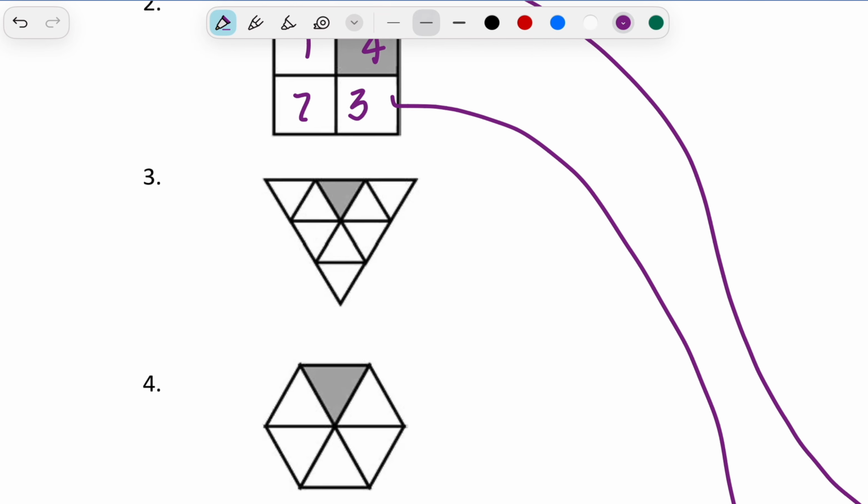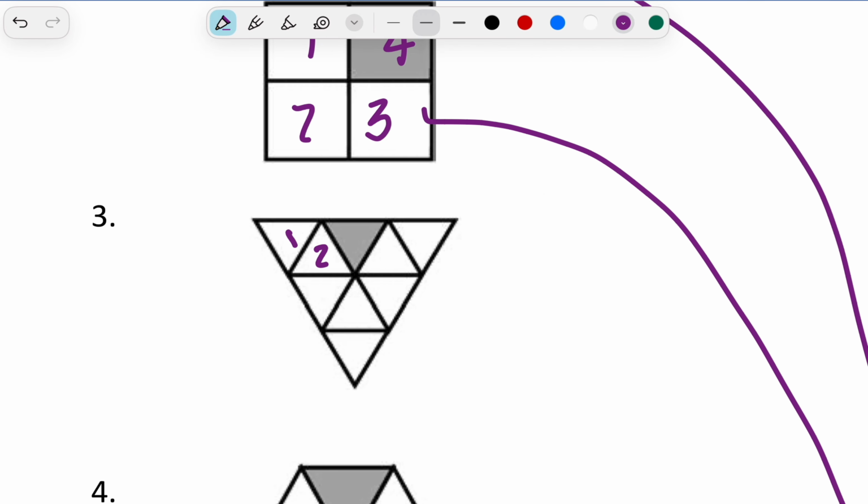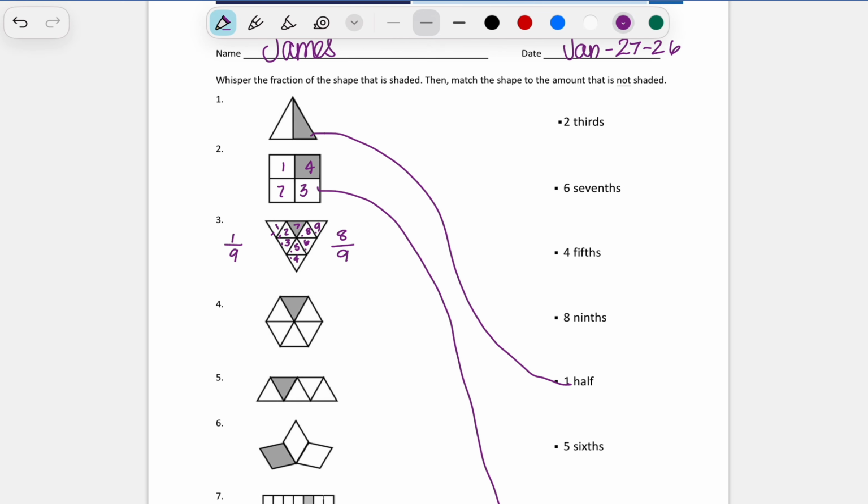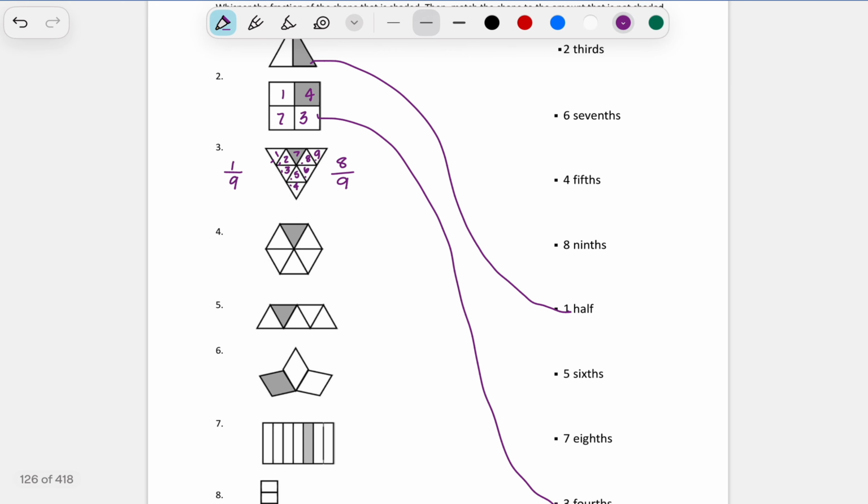All right. This here will be 1, 2, 3, 4, 5, 6, 7, 8, 9. So the fraction of shaded parts is 1/9, but the fraction of non-shaded parts is 1, 2, 3, 4, 5, 6, 7, 8, 8/9. Do I see that answer choice?